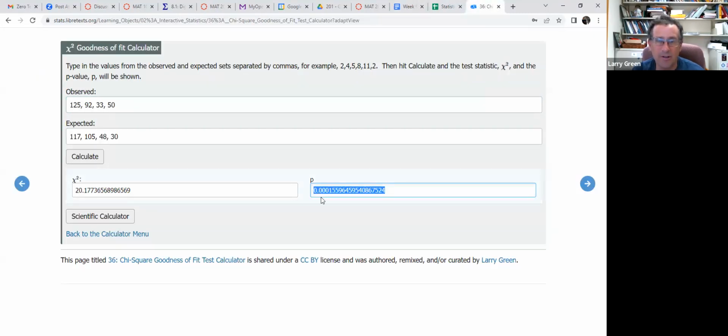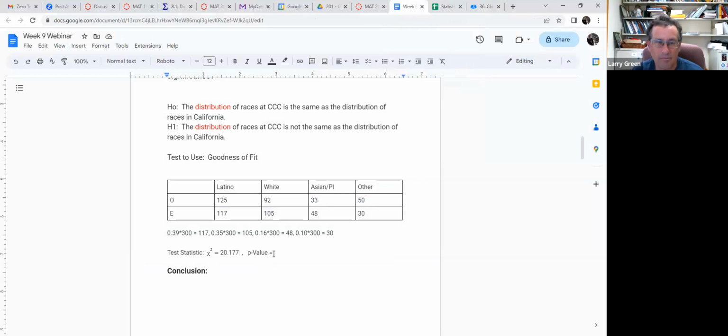And our p-value is 0.0016. Any questions on finding the test statistic and the p-value?